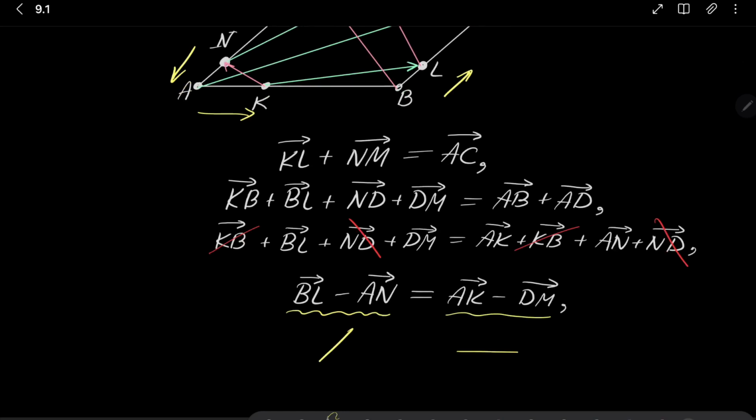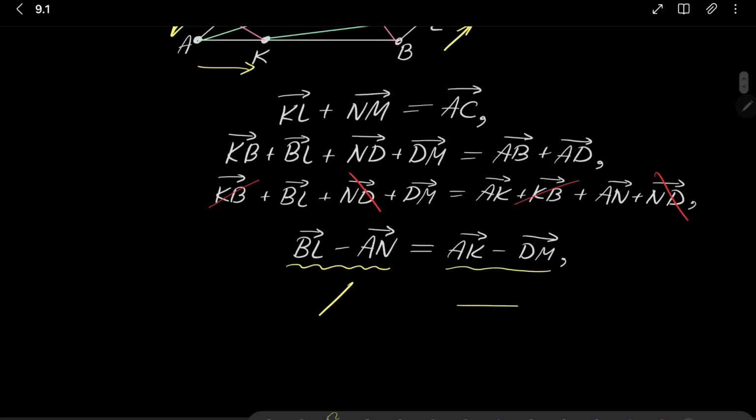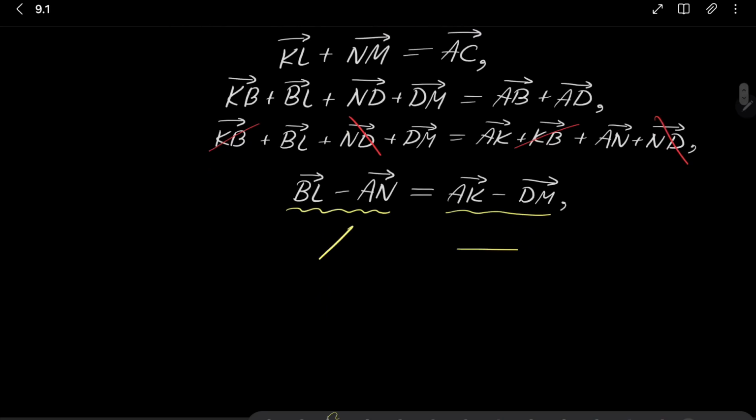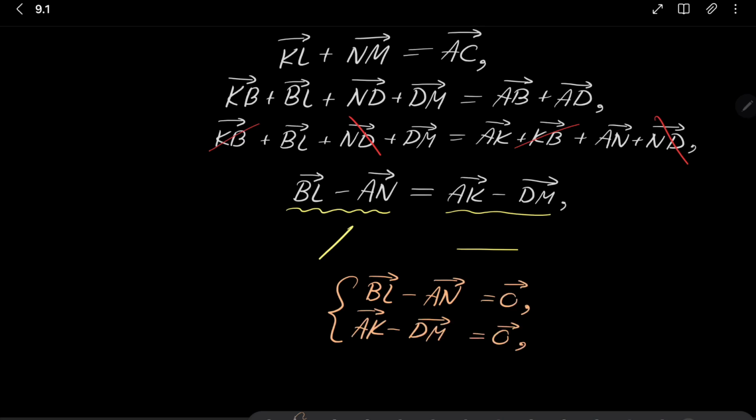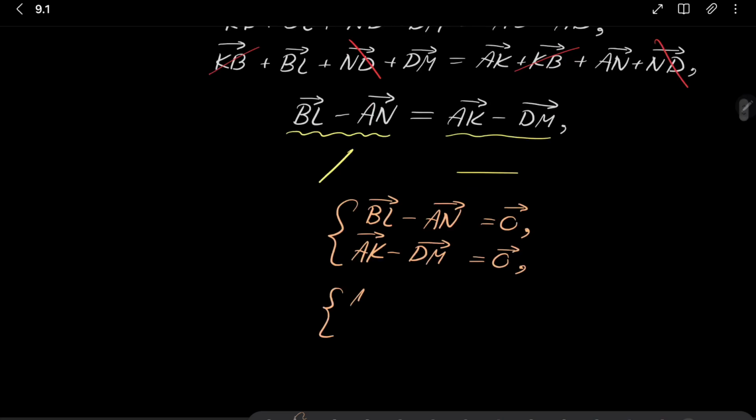But remember that these two vectors should be equal. The only possibility for these two vectors to be equal is that they both must be zero vectors. So BL minus AN must be a zero vector, and moreover AK minus DM must also be a zero vector, which means that BL equals AN and DM equals AK. It's the only possibility.